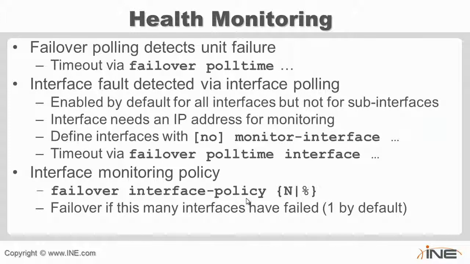So if the interface policy says that if any of the links fail, then fail over, then we should see it occur. But if we configure it as a higher percentage or a higher count, we might have to have more than one of them fail the monitoring situation before the devices actually fail over. But one is the default, so we should see that without making any changes, that's going to be the case that we run into.